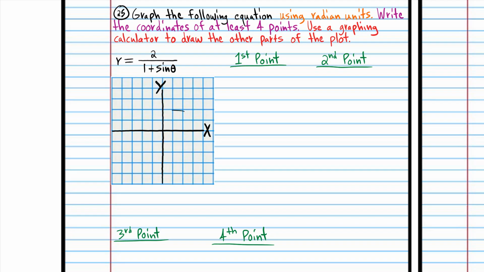And you don't have to guess about your window. We have a negative 5 for the x minimum, positive 4 for the x max, positive 4 for y max, and negative 5 for y minimum. Again, you don't have to guess. So push the graph button, and let's see what we get.